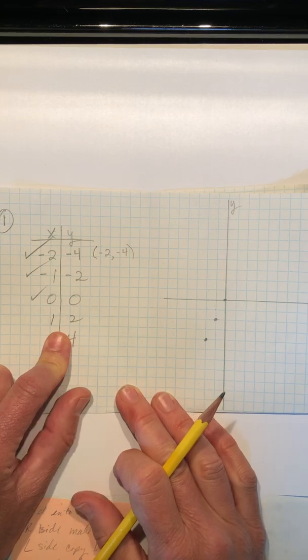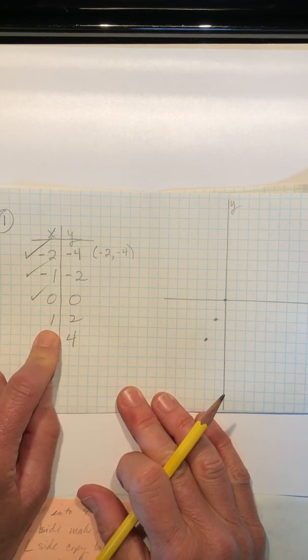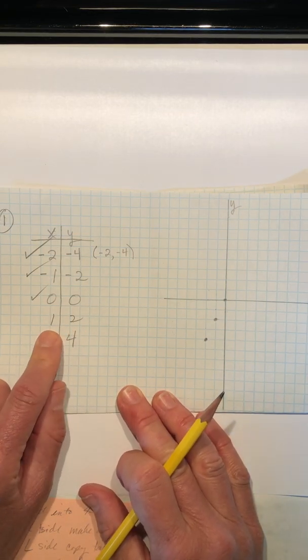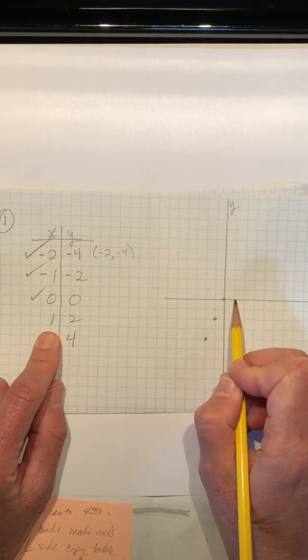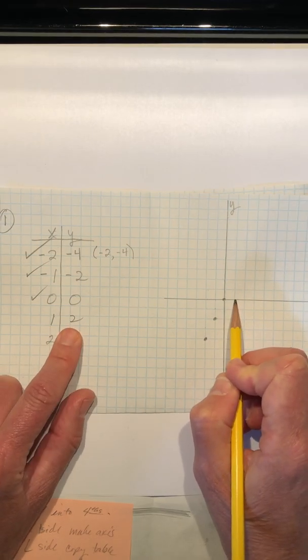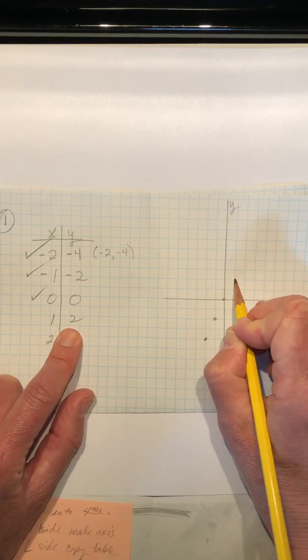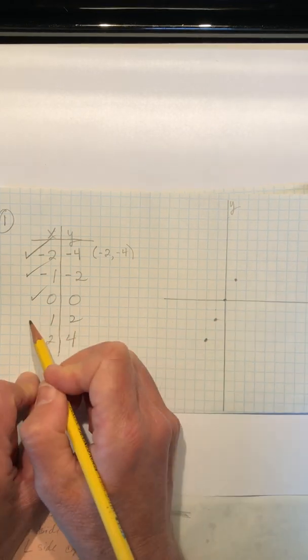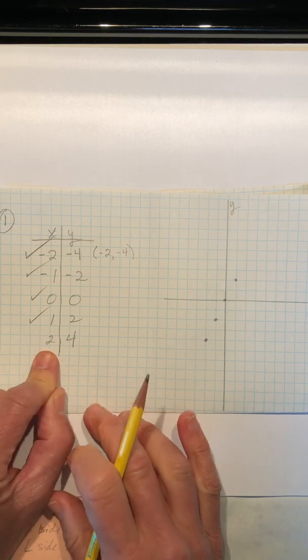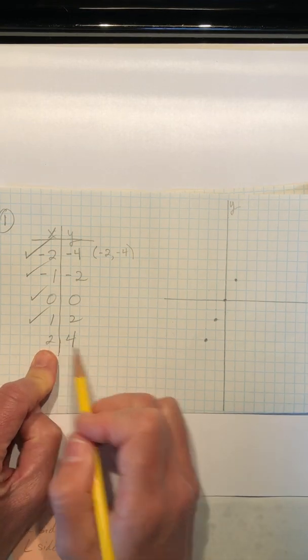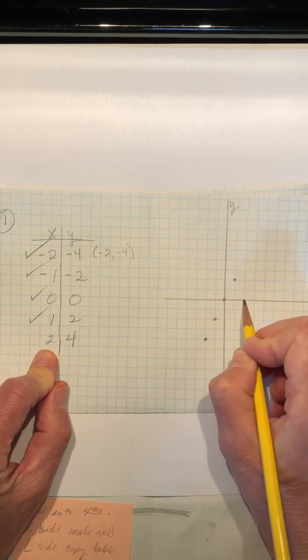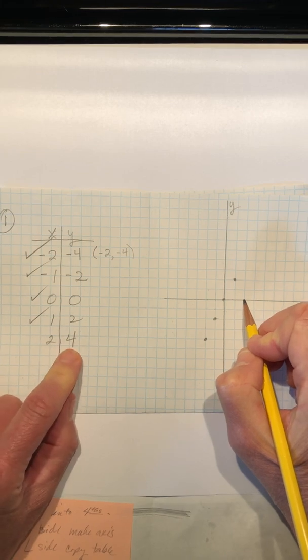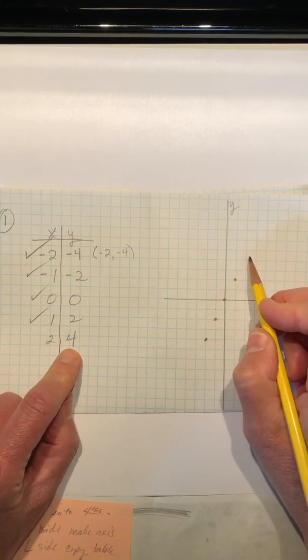Now 1, 2. Run 1, jump 2. A positive run is to the right. A positive jump is up. 1, 2. So that's the point. That one's done. And let's do 2, 4. +2, +4. 1, 2, 3, 4.